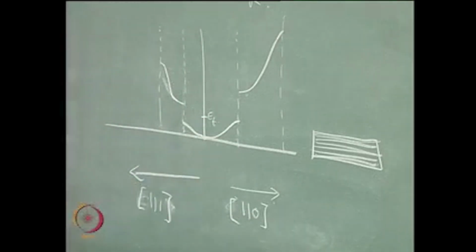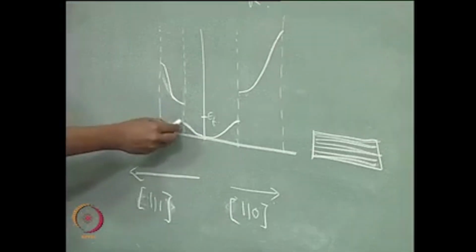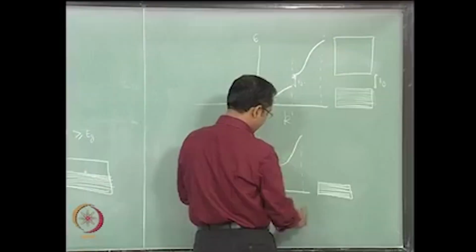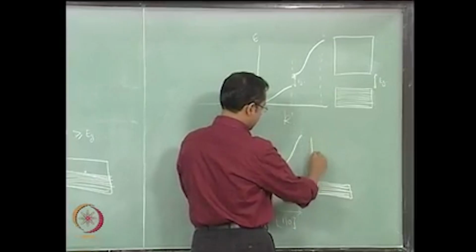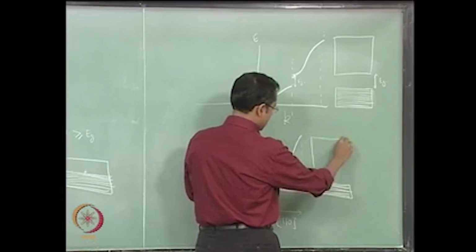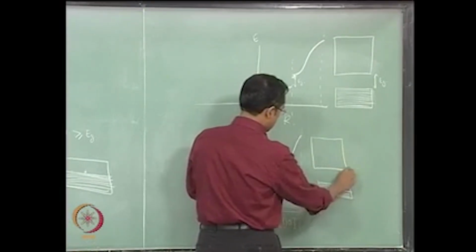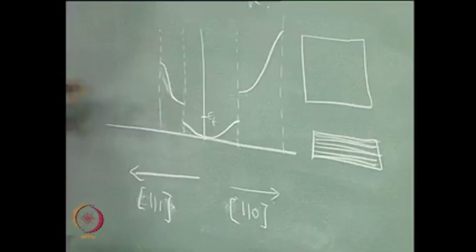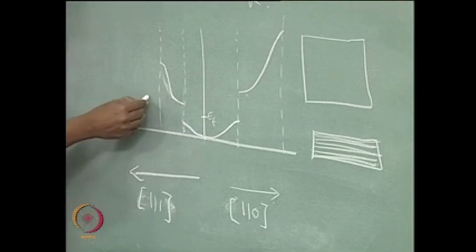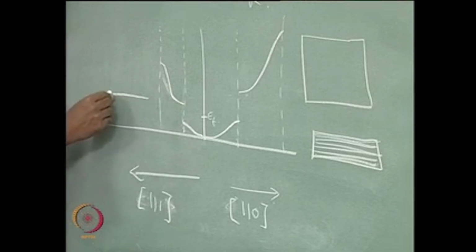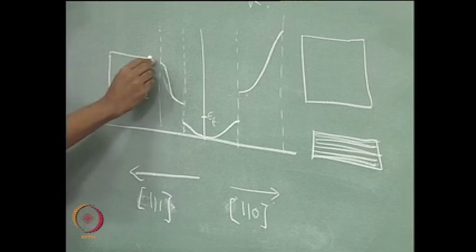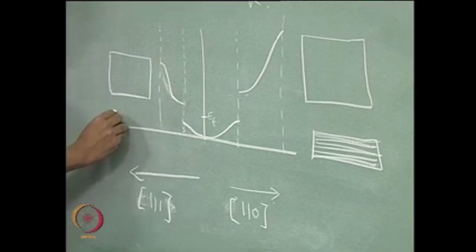In the 111 direction we are actually seeing something else. The next available band in the 110 direction is here, whereas the next available empty location in another direction is actually lower in energy. So this is again a filled band here.